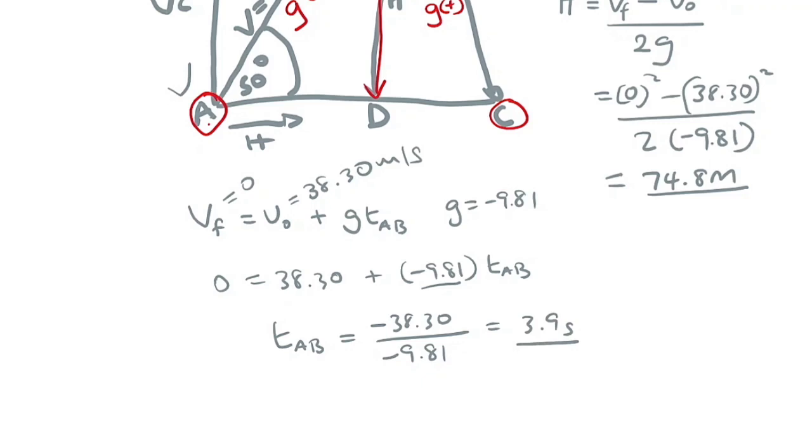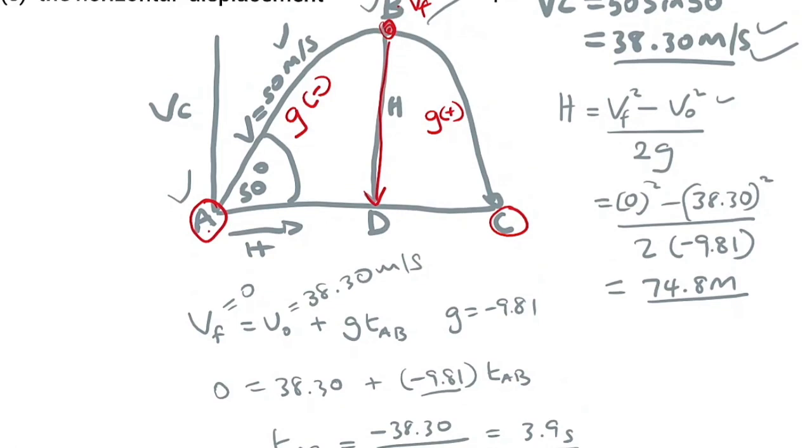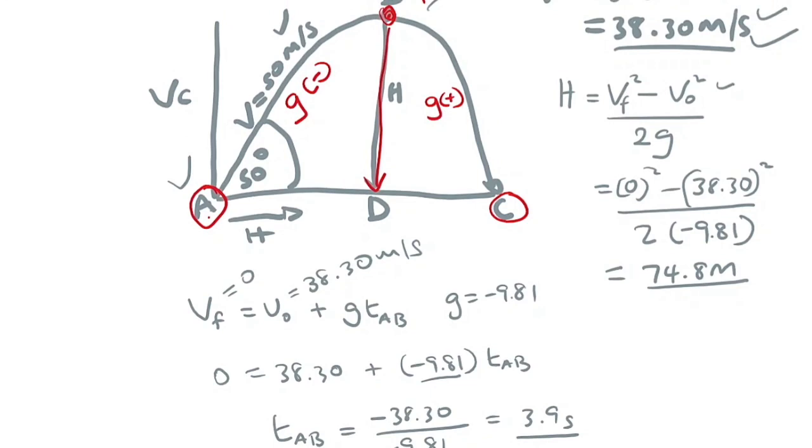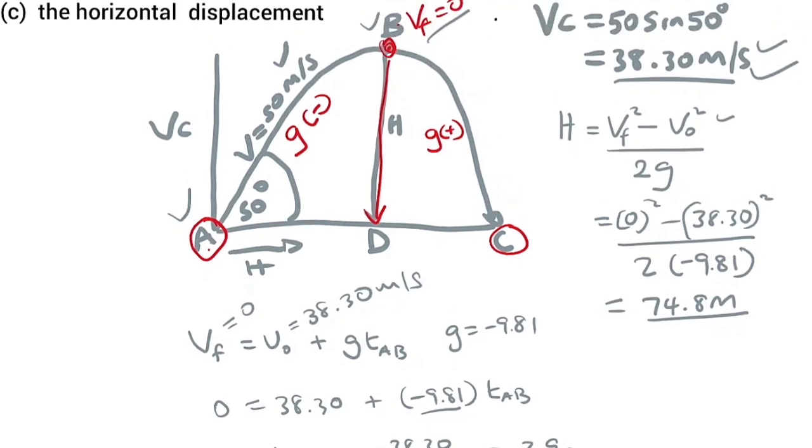That means from A to B it took 3.9 seconds. When you want to find the time it takes from A all the way to B and C, because the time from A to B is the same as from B to C, this side is 3.9 and this side is 3.9.